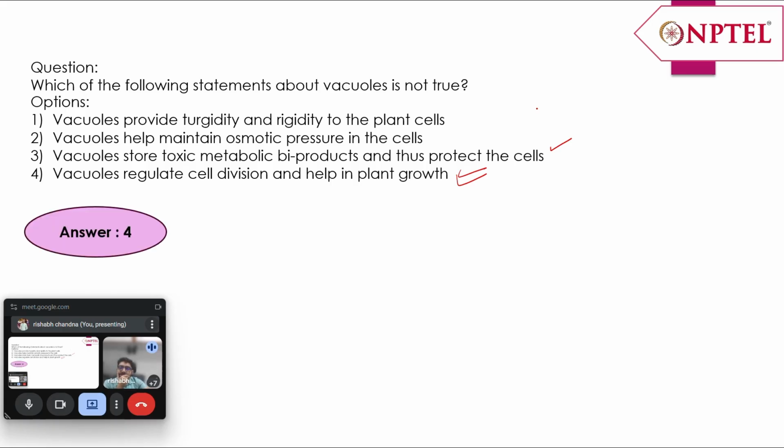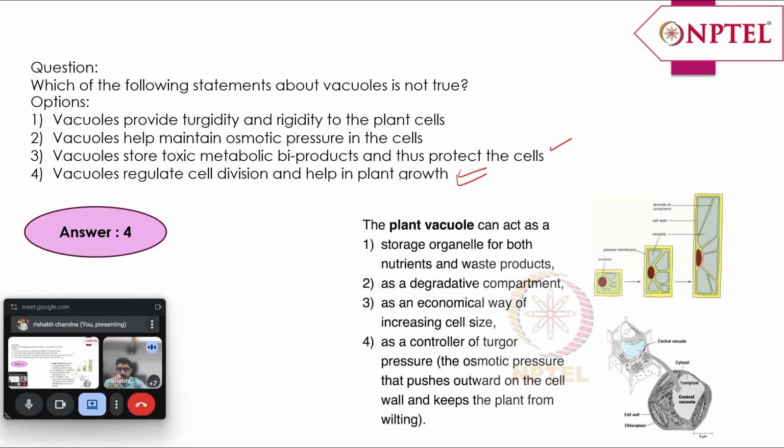So the correct answer is option 4. That means they do not help in regulation of cell division or plant growth. Basically, vacuoles are only for storage. They may store water, food, or toxic products.